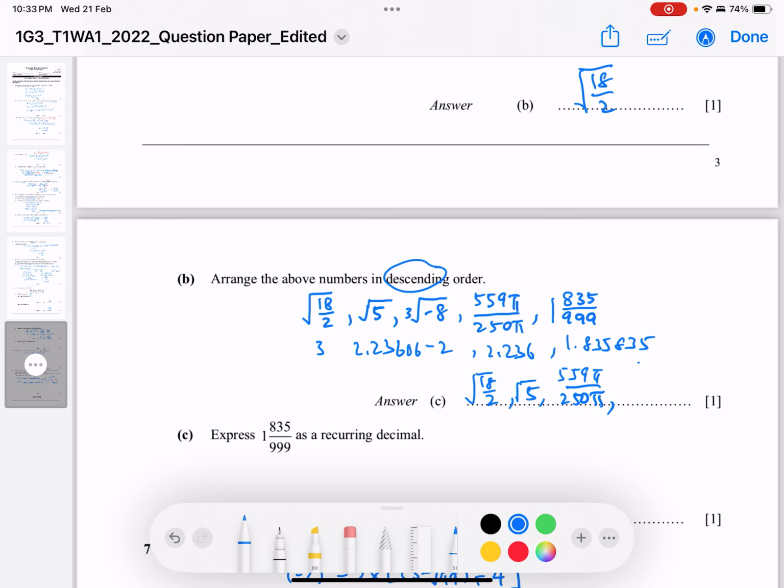And followed by 1.835 recurring. And the last number is the cube root of negative 8, because that will give us a negative answer. And negative numbers are the smallest.